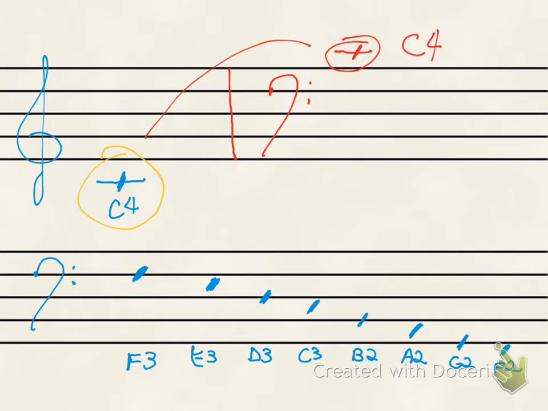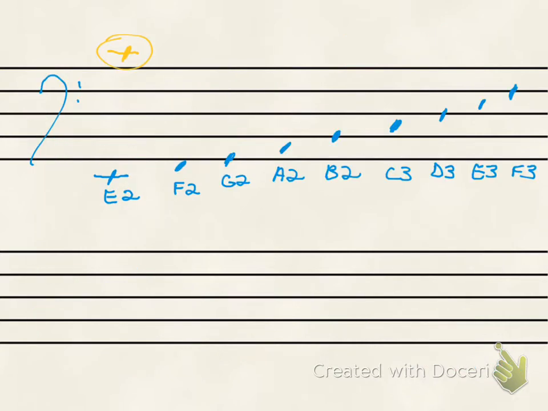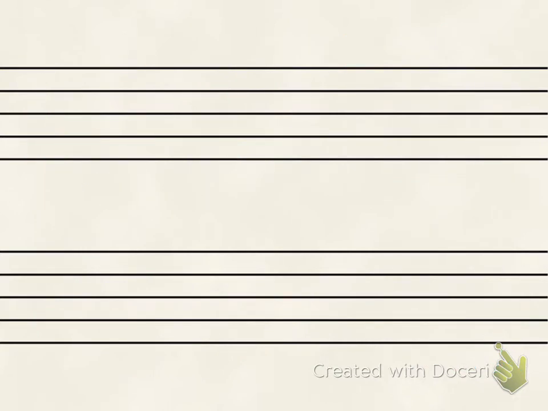And one of the things that you want to focus on as you are working on your assignments is where all the C's are. One of the things we can do is look at the treble clef in relationship to the bass clef, okay?